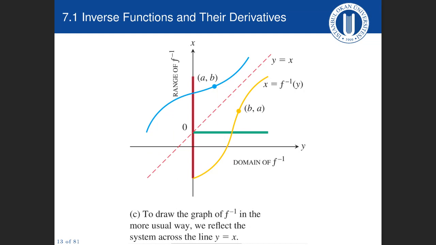If we want to draw the graph of f inverse, and if we already know the graph of f, what we can do is just do the mirror image or the reflection about the line y equal to x.